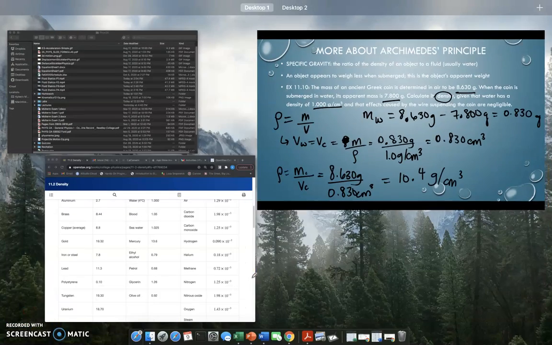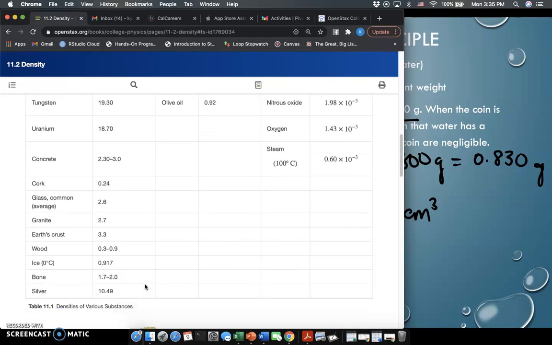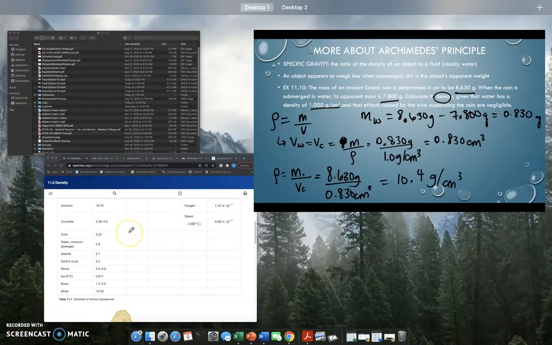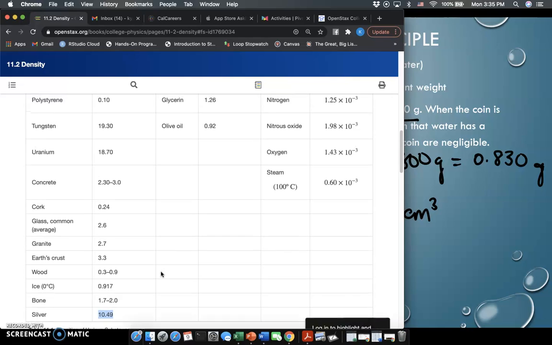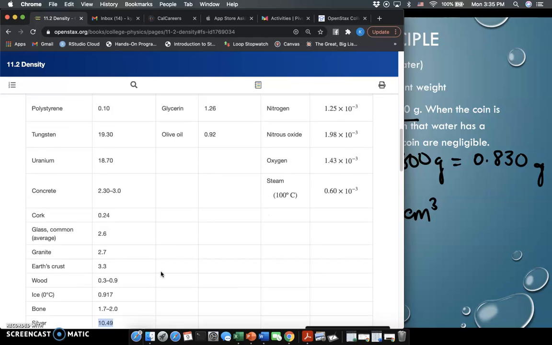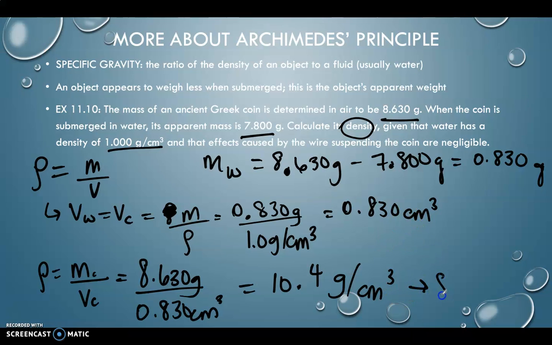So 10.4 looks pretty close to silver going down this list. So it looks like this coin is going to be silver, which makes sense.